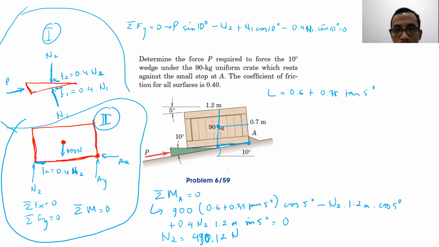N2, we know the value. N2 is supposed to be 419.12. Okay. Yes. For this one, we still cannot solve the problem. So we have to use sigma Fx equal to 0.